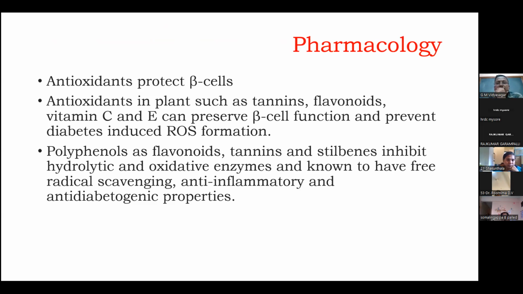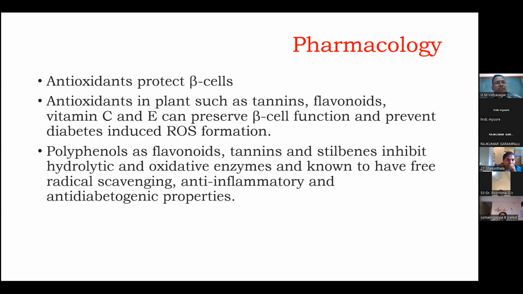Then another component is pharmacology. In pharmacology, we study the interactions of drugs with the cell, which is very important in treatment. And as I told, ROS molecules are generated more in diabetic cells because of abnormalities in the pathways.